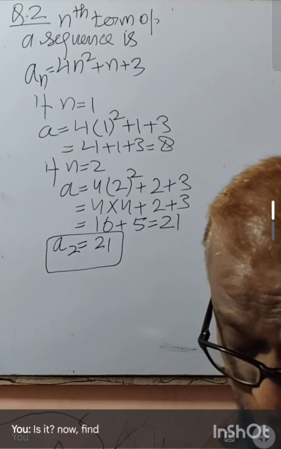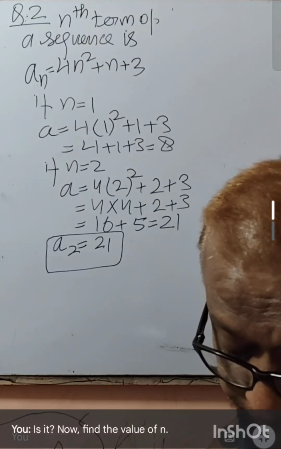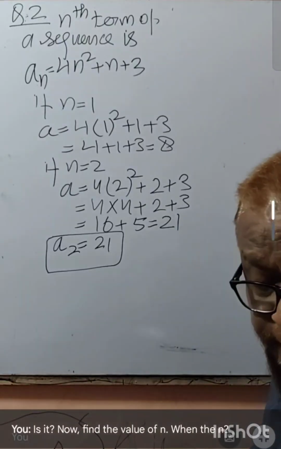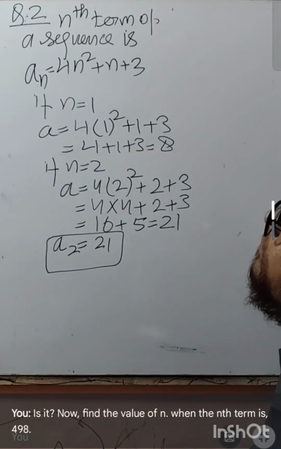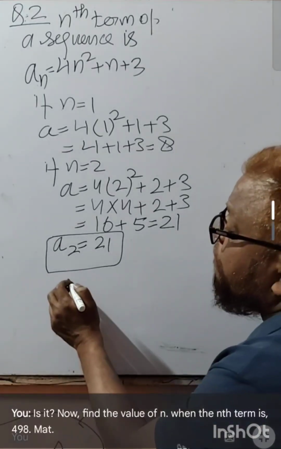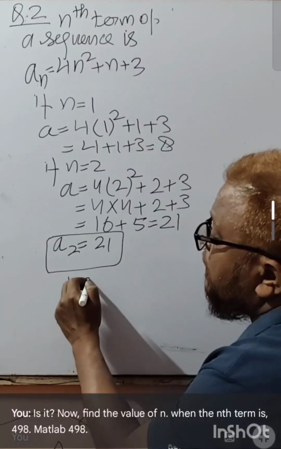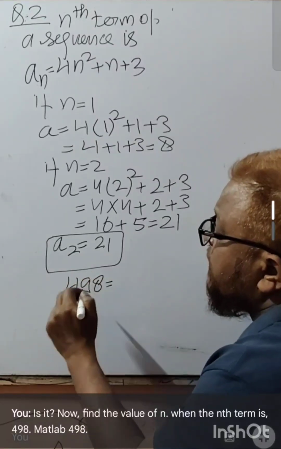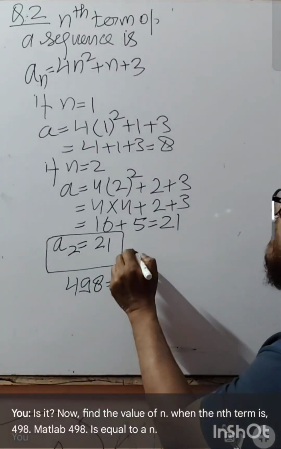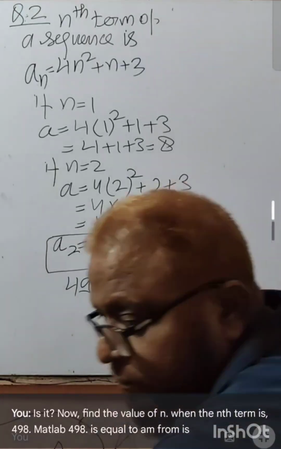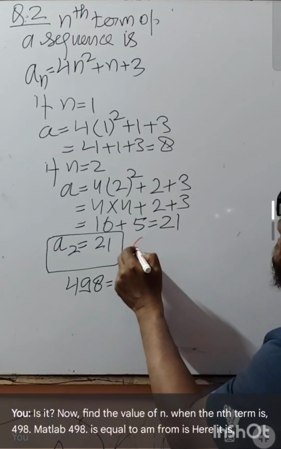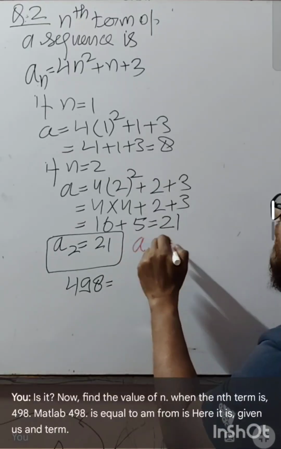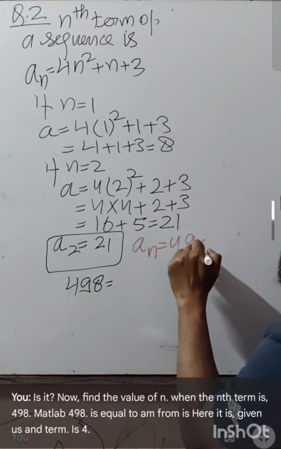Now find the value of n when the nth term is 498. Here it is given as nth term is 498.